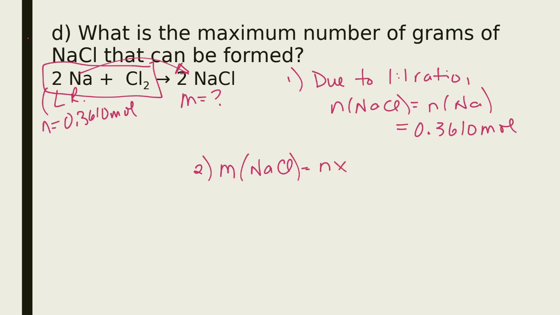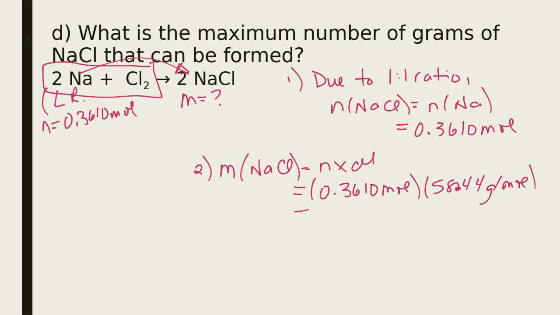And we'll take moles times molar mass, and we'll write 0.3610 mole times the molar mass, which is 58.44 grams per mole. Now, don't forget, starting data that was given to us for sodium was 2 sig figs. So when we do this calculation, we're going to round to 21 grams obtained.